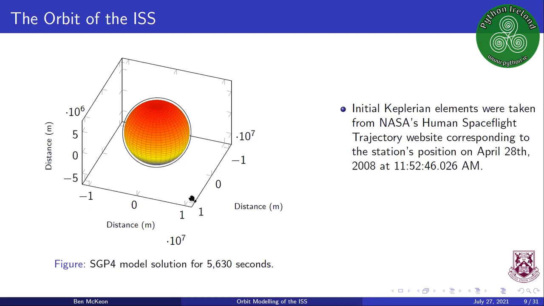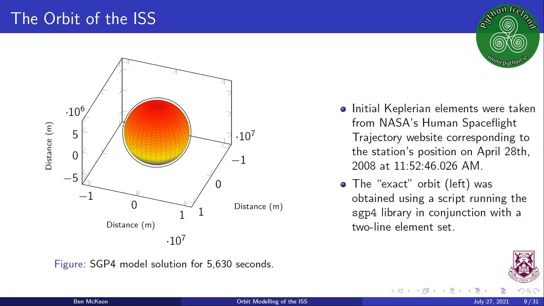Basically, I took the initial Keplerian elements, which is a coordinate system, from NASA's Human Spaceflight Trajectory website. I started with the space station at this time. So the coordinates that I was given correspond to that time, and that was taken from the same paper by Anzalone and Chai. So like I said, I consider this the exact solution.